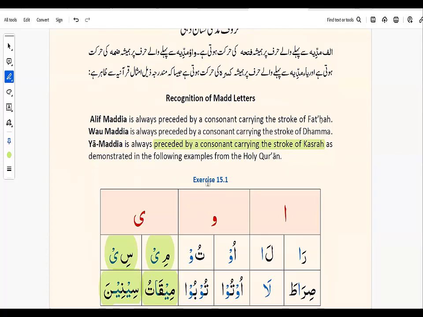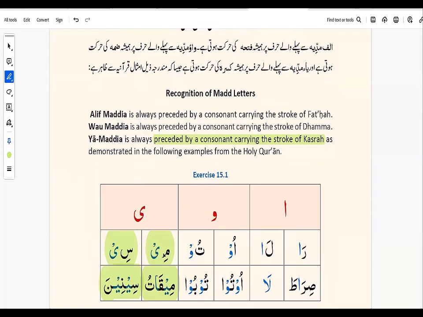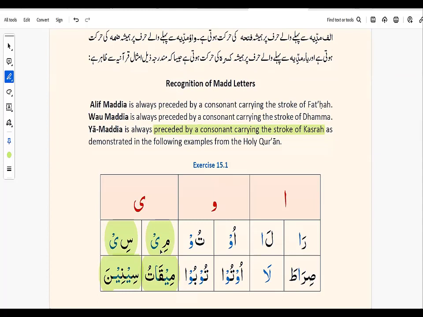So the sign below our letter, we can see over here in the first example, the meem is our consonant, which has the stroke of kasra beneath it. The slanted line is our kasra.